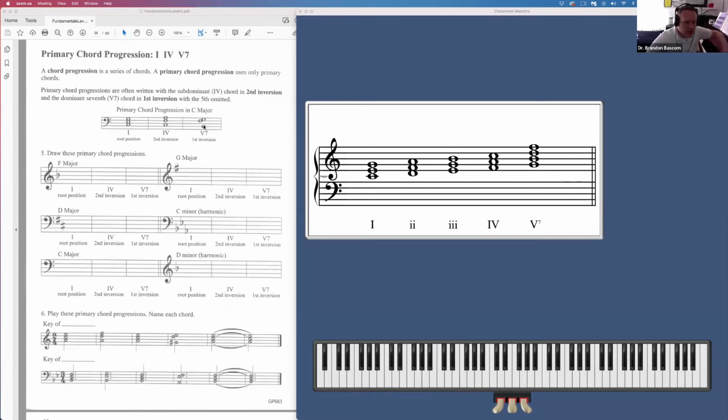And we'll do that for the 6 keys that they've asked us to. And then they want you to identify the keys for the chord progressions for part 6.